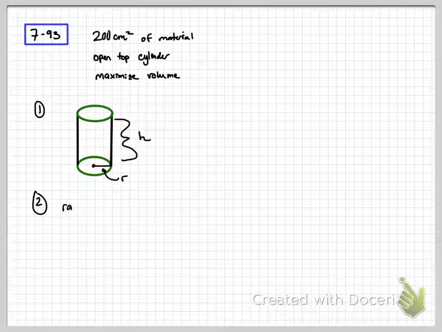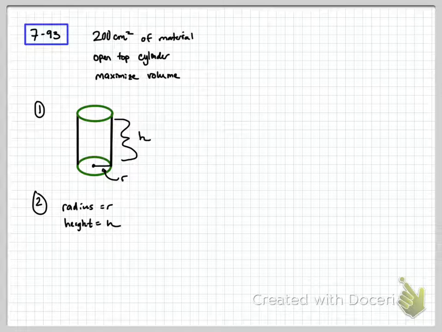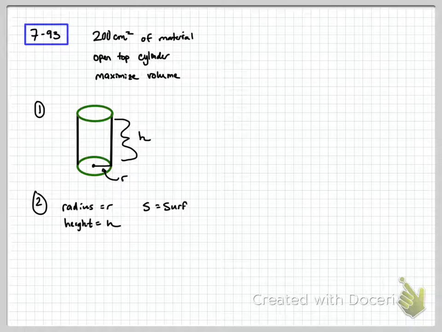So we have radius will equal r, height is equal to h. We know our surface area, which we'll get to, let's just call that S. This will be our surface area. And V will be our volume.